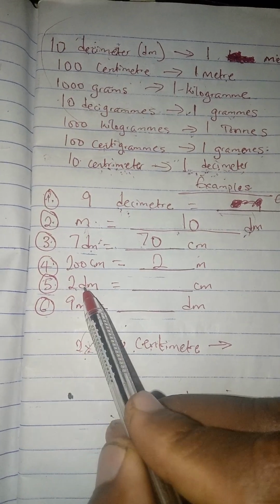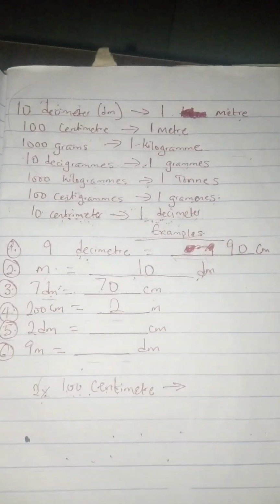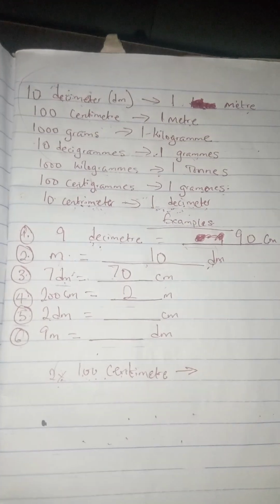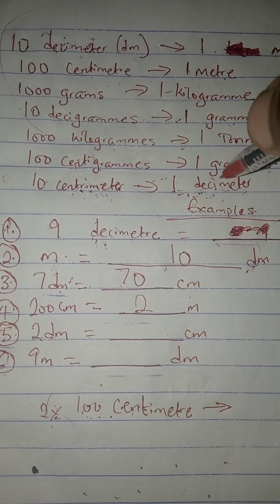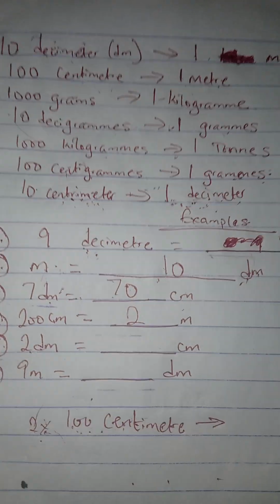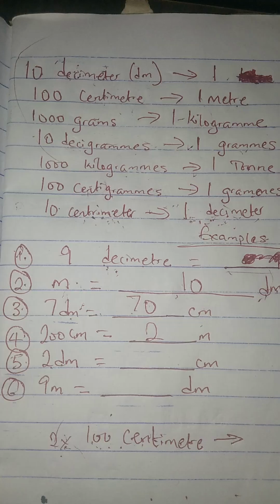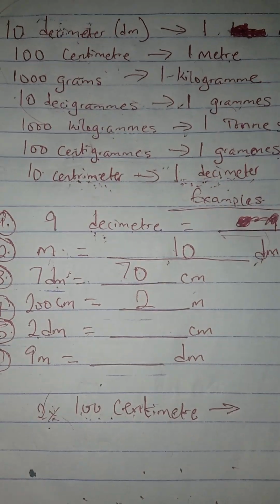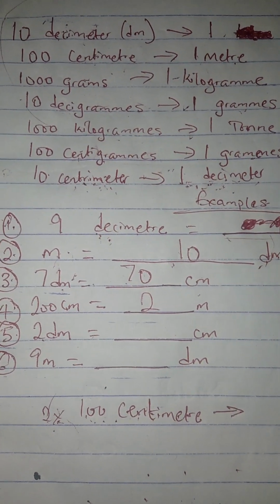Now, the next question we have here is 2 dm, that is 2 decimeter equals to how many centimeter? This is where you are going to take your answer from. I always remember 1 decimeter will give us 10 centimeter.